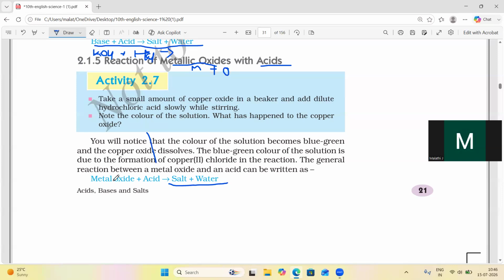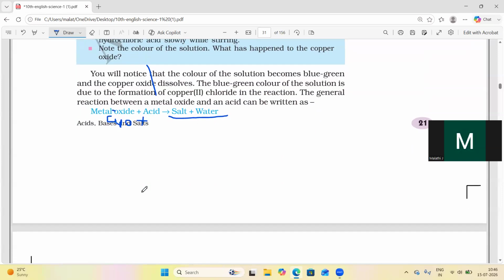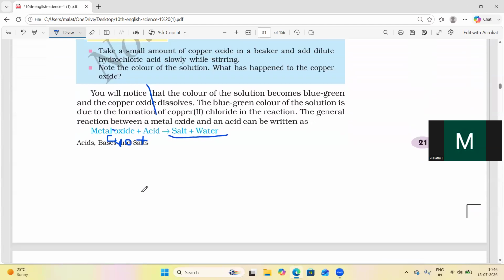Take the metallic oxide, copper oxide, and add acid, that is HCl. What product will you get?